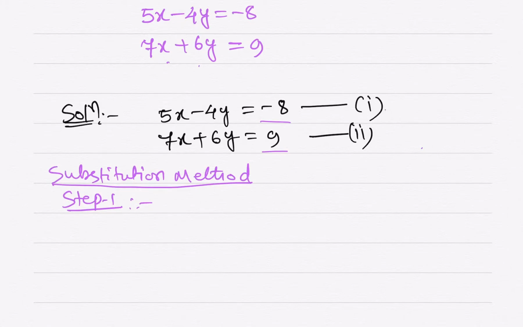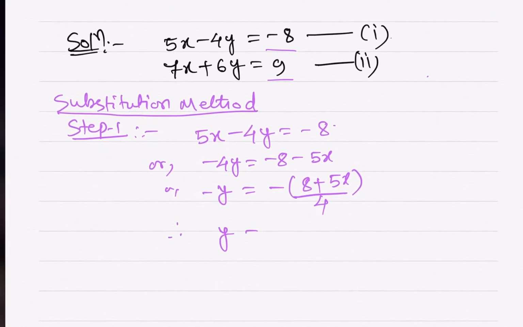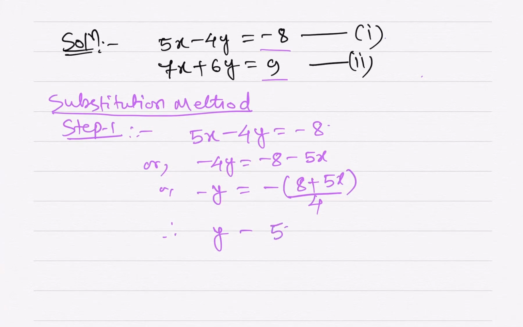So I will take the first equation, which is 5x minus 4y equals minus 8, or minus 4y equals minus 8 minus 5x, or minus y equals minus 8 minus 5x divided by 4, or y equals 5x by 4 plus 2. We name this expression equation 3.